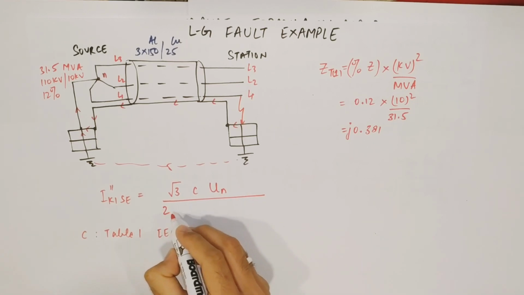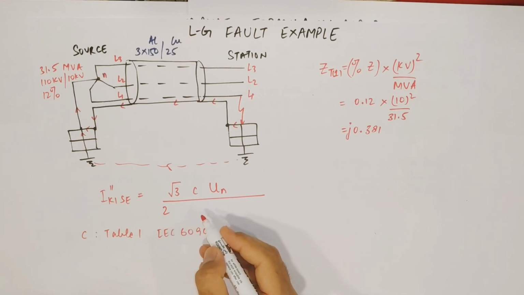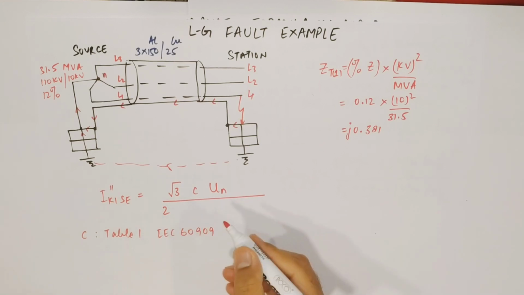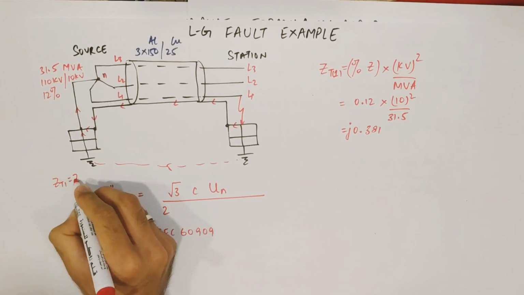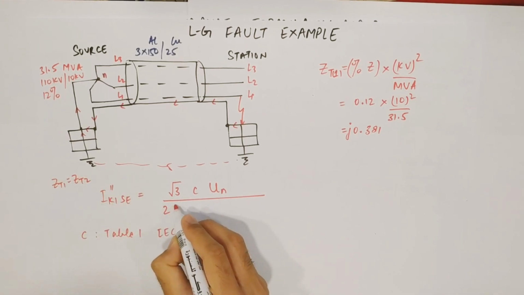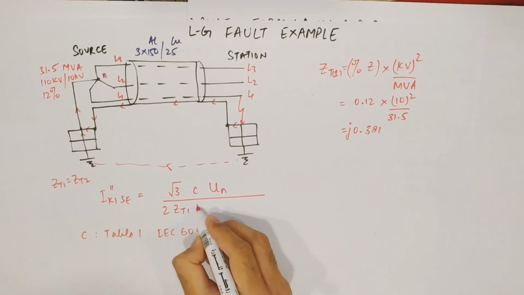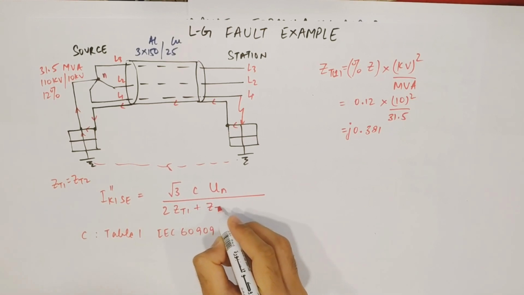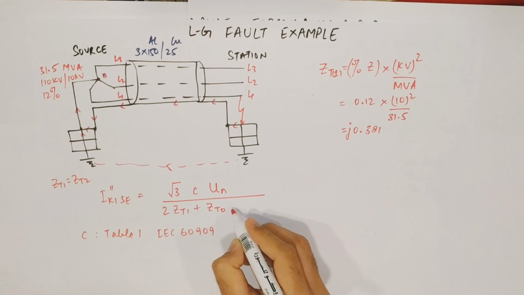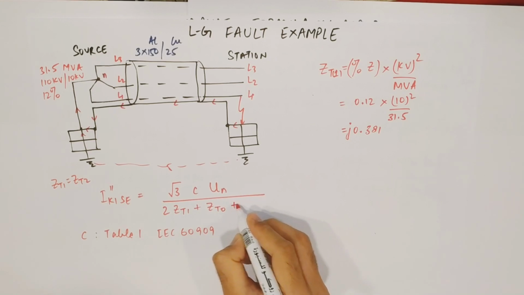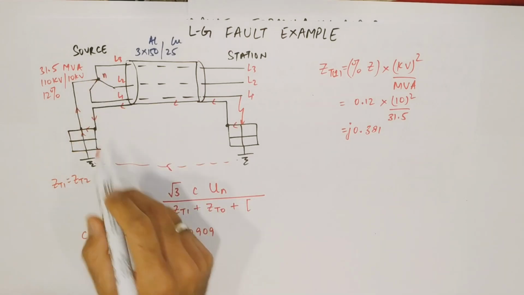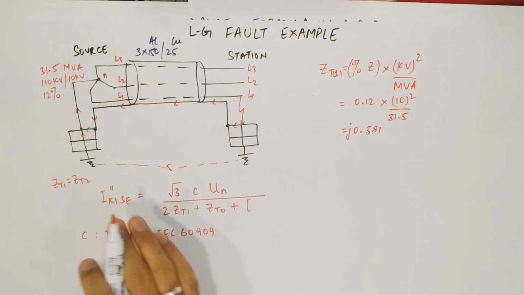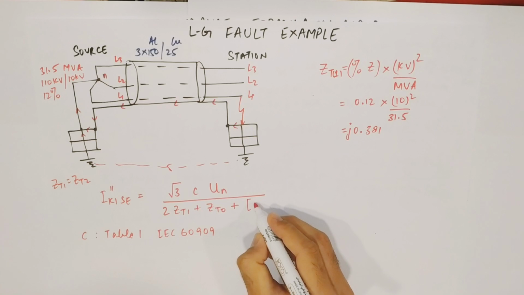Then Z1 plus Z2 plus Z0. Assuming that Z1 of the transformer is the same as Z2 of the transformer, it becomes twice Z1 plus Z0, that is the zero sequence impedance of the transformer. As there is a transformer zero sequence impedance and there is also a cable here, we have to write for the cable also.